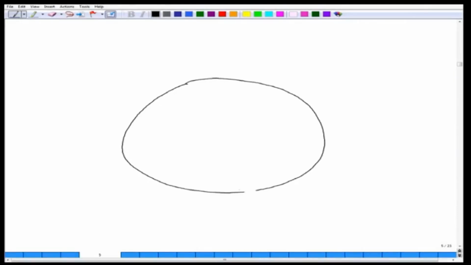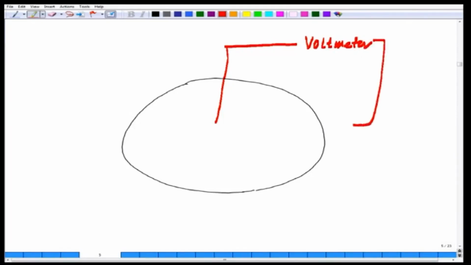If I poke an electrode like this, and this electrode is connected to a voltmeter, and the other end of the voltmeter is connected to another electrode which is outside, then, because I am treating the cell as a battery, I can calculate the voltage across the cell.